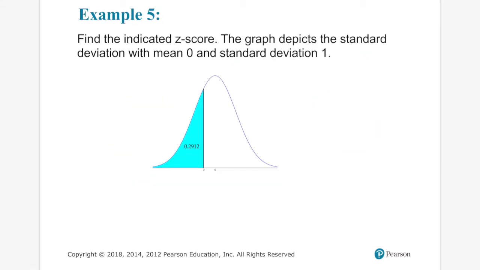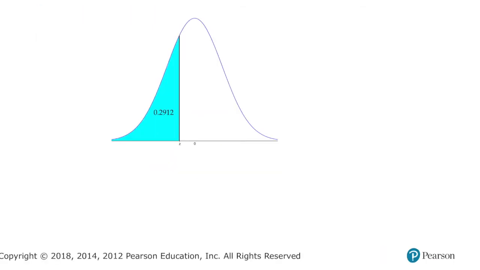Example 5. They're giving me the area right here, and they say this blue area is 0.2912. They want me to find this z. So I have probability of z that is less than whatever that number is, equals 0.2912. And my job is trying to find that number.